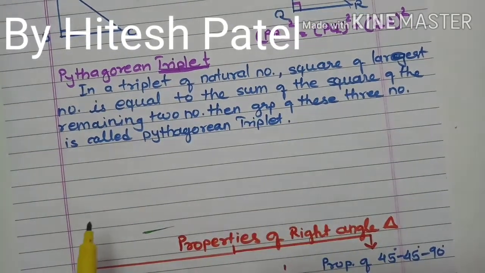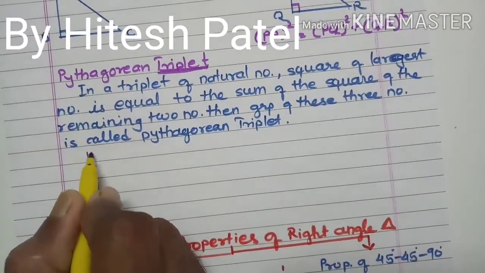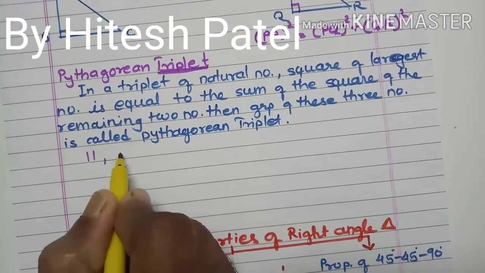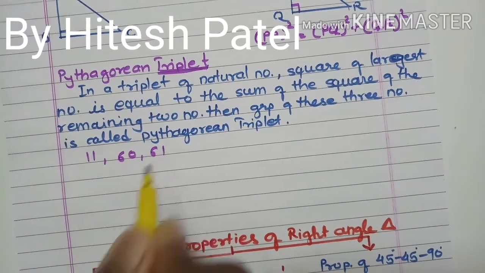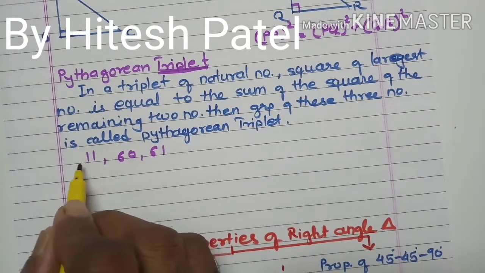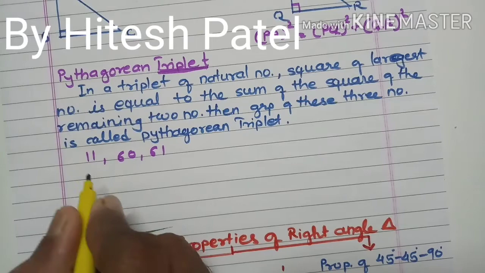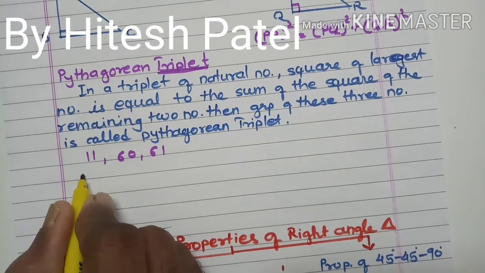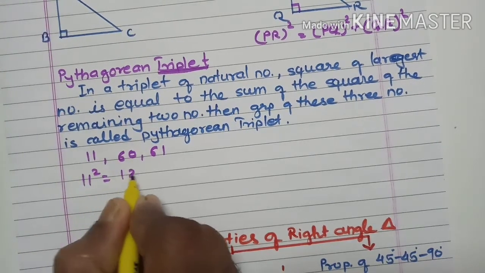Let's take another example. Suppose we have the numbers 11, 60 and 61. First of all, I find the squares of all these three. The square of 11 is 121.